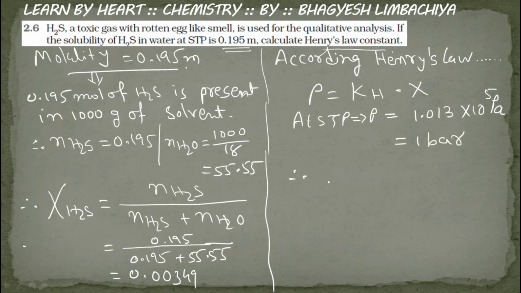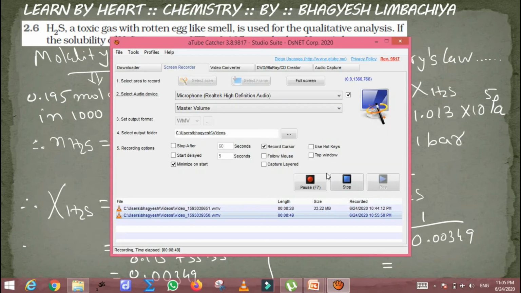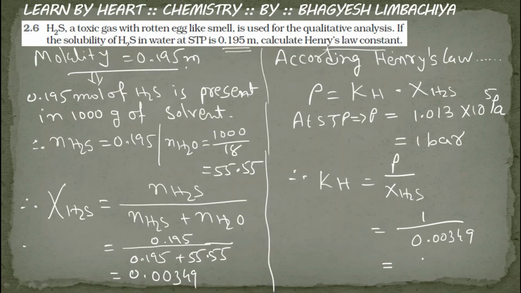So KH will be pressure by mole fraction of H2S. Pressure is 1 bar and it is divided by 0.00349. And by division we are getting the answer, 286.5 bar.